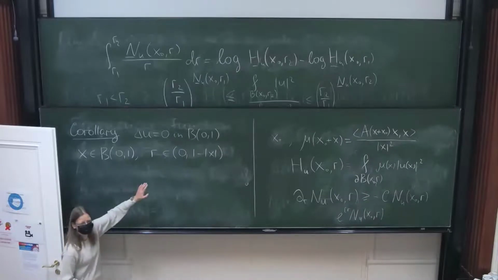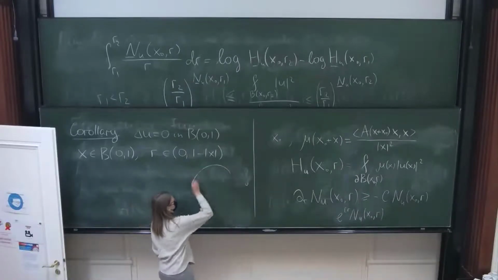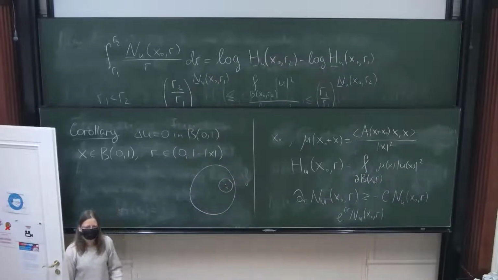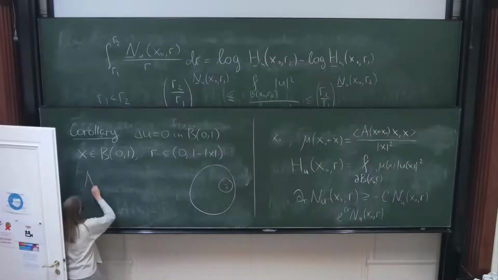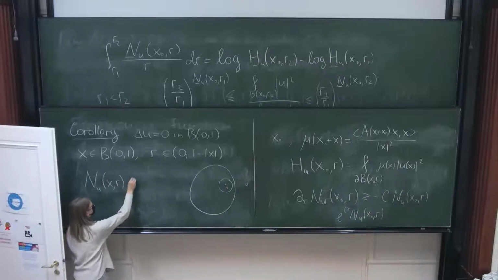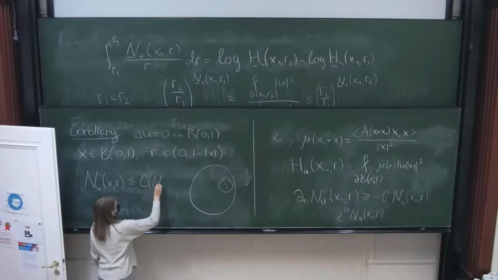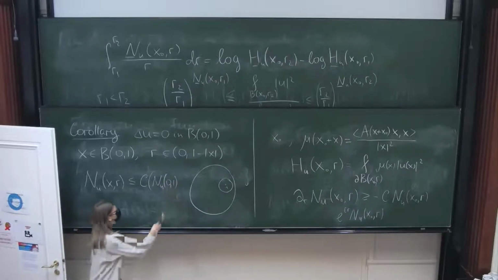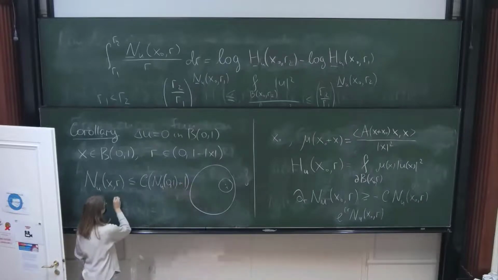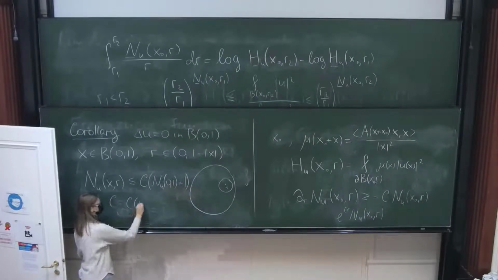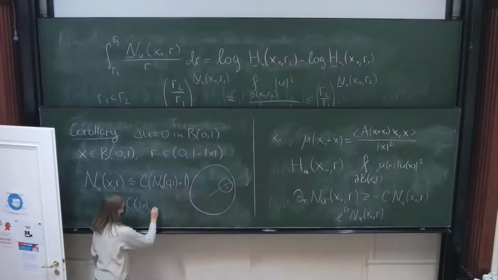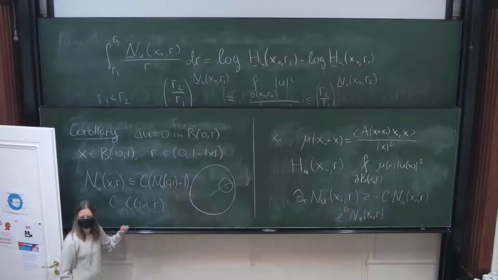X is a point there, and we take R so that X is in the ball. And then we claim that the frequency at point X is bounded by some constant times the frequency on the larger scale, say at radius R plus 1, where this constant depends on X and on the point, but doesn't depend on the function.